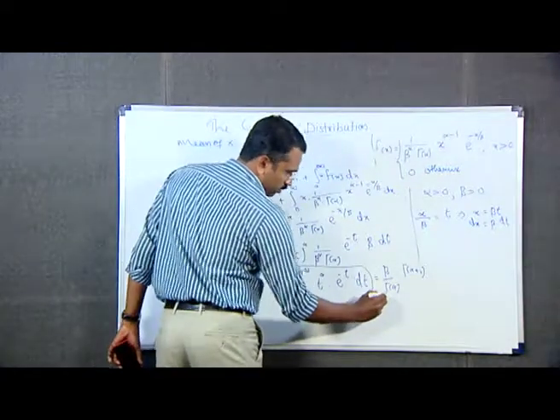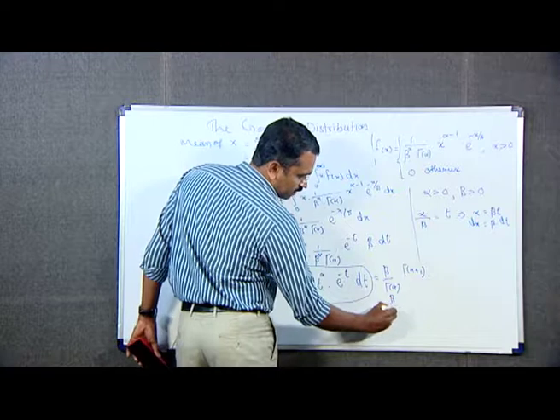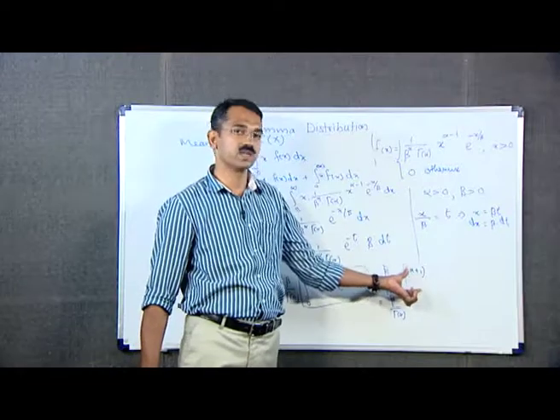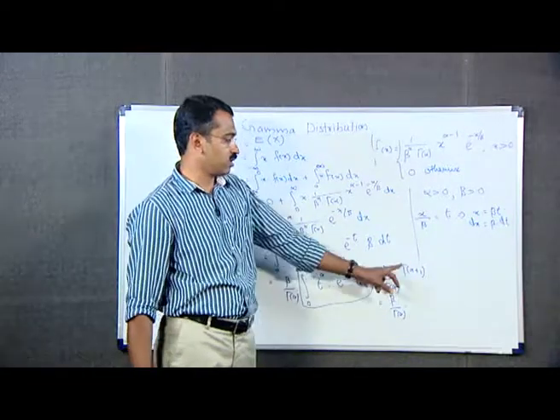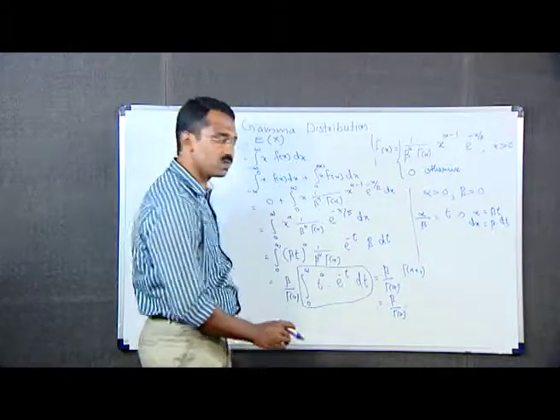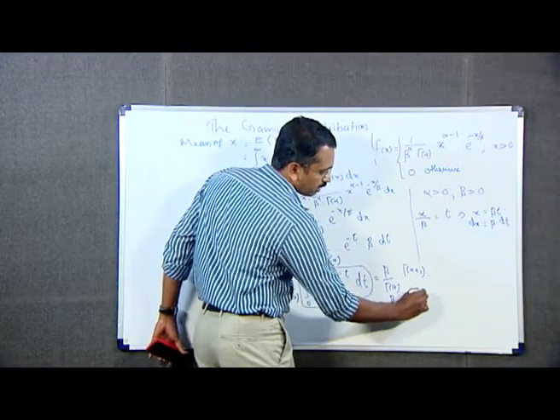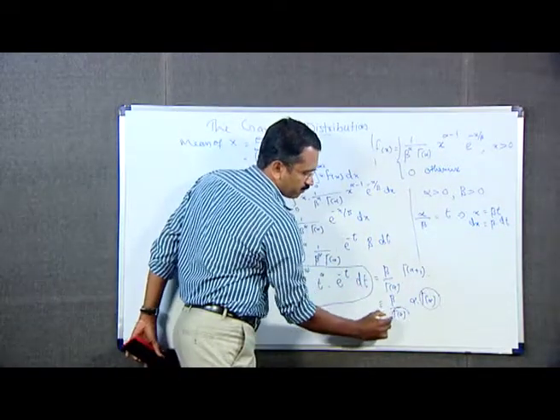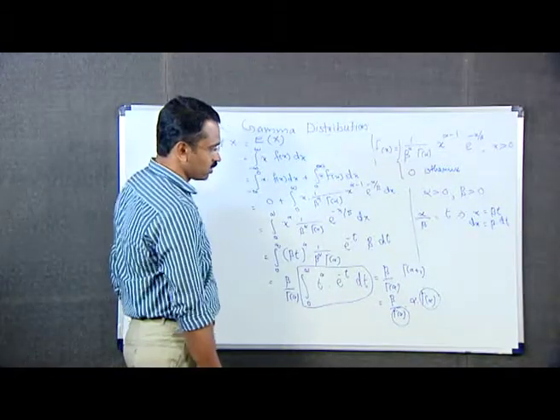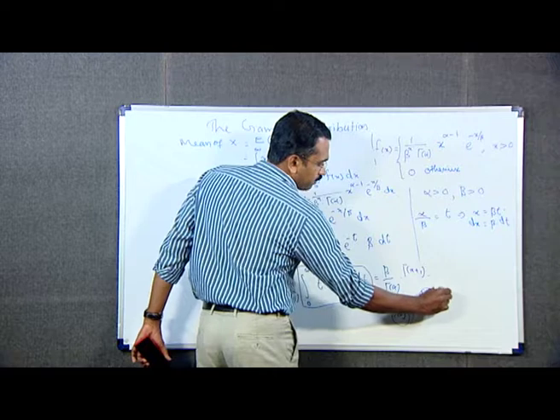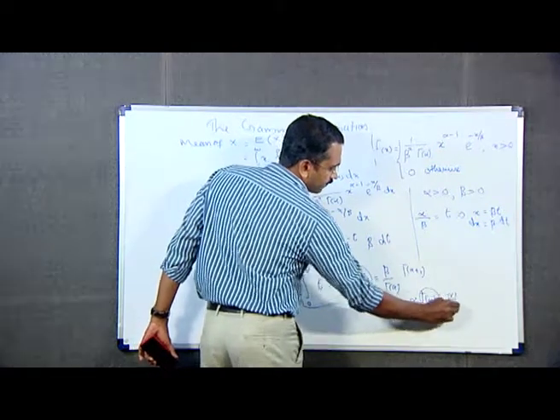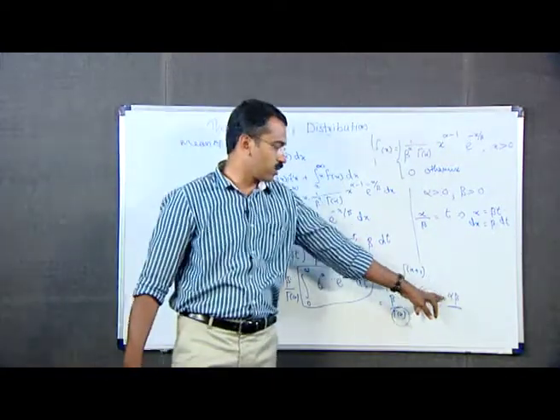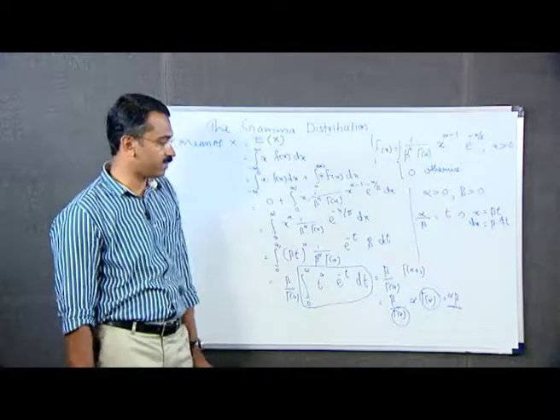This is equal to beta divided by gamma alpha into, we have the recurrence relation for gamma function, that is gamma of alpha plus 1 is equal to alpha into gamma alpha. This gamma alpha and gamma alpha in the denominator cancel. This is equal to beta into alpha, or alpha into beta. That is, the mean of x is the product of the parameters alpha and beta.